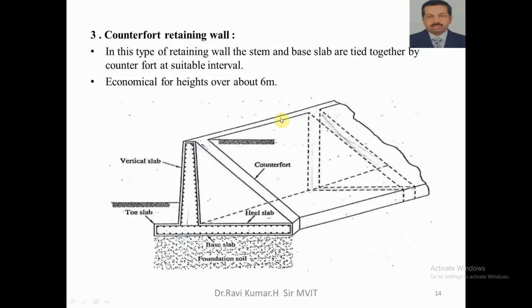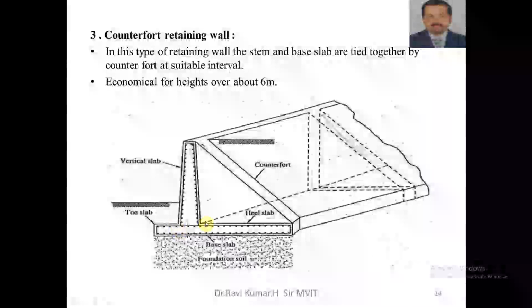Hence, this slab is supported on these 2 beams. Hence, this becomes a one-way continuous slab. Like that, the heel slab also becomes a one-way continuous slab, except the toe slab becomes a cantilever part.